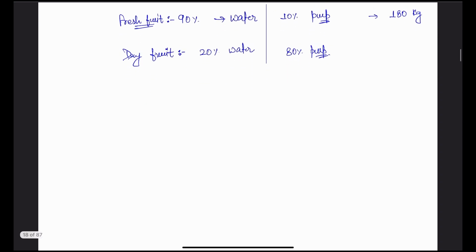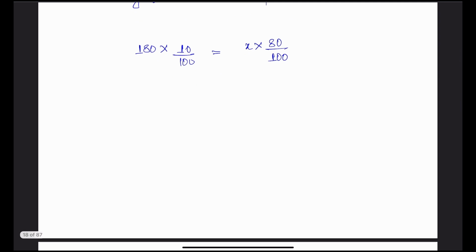So can I say that in 180 kg, the 10% pulp is going to be converted into x kg, where 80% of x is nothing but the pulp. So the value of x is nothing but 180, this 100 will go, this 10 will go, divided by 8.